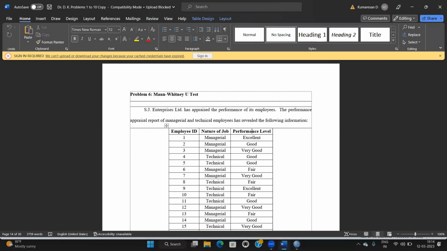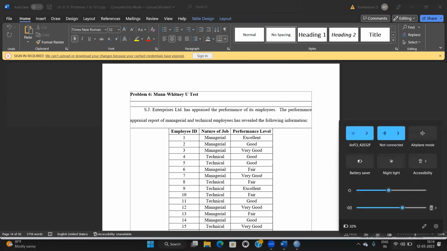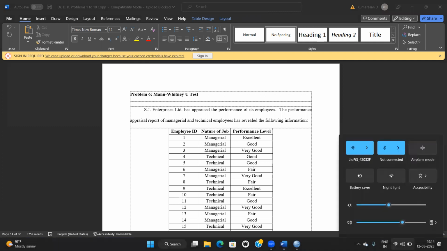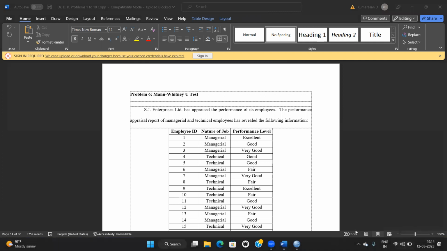If the data is given as ordinal data, then you can apply Mann-Whitney U-test. That's all. So that is the difference between these two tests. So you can decide easily whether independent sample t-test is to be applied or Mann-Whitney U-test is to be applied.